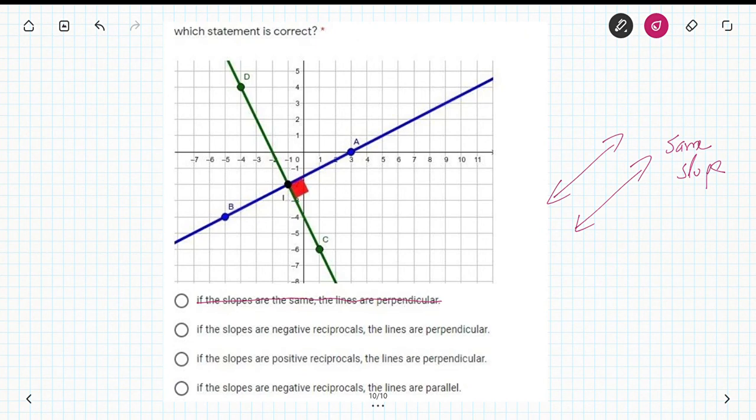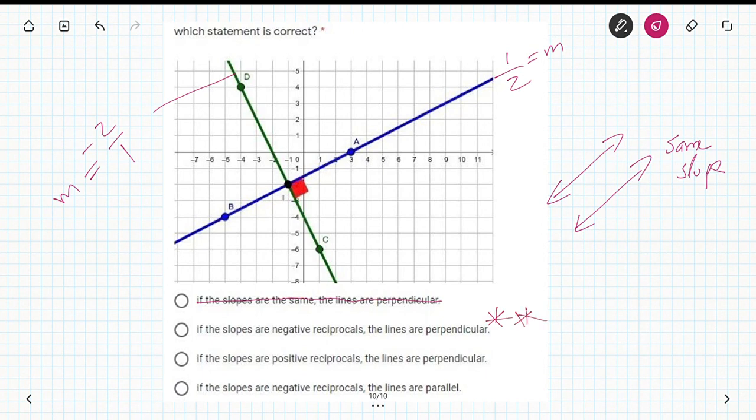So we know that the slope of the blue line was 1 over 2 and the slope of the green line was negative 2 over 1. So obviously the numerator and denominator flipped and the sign changed. So this seems to be pretty close, but let's keep reading.